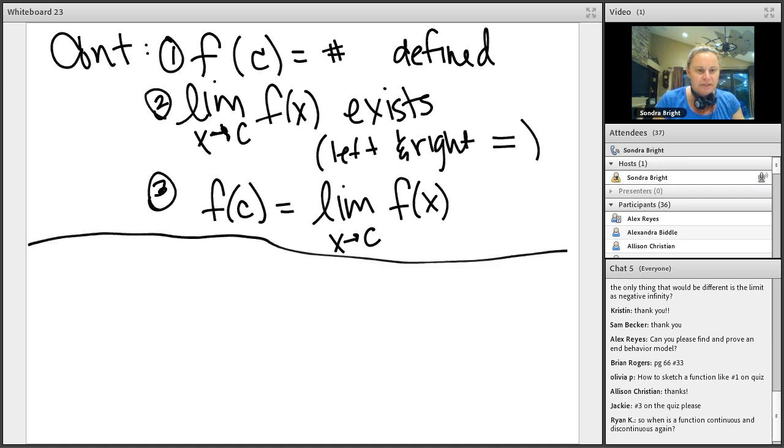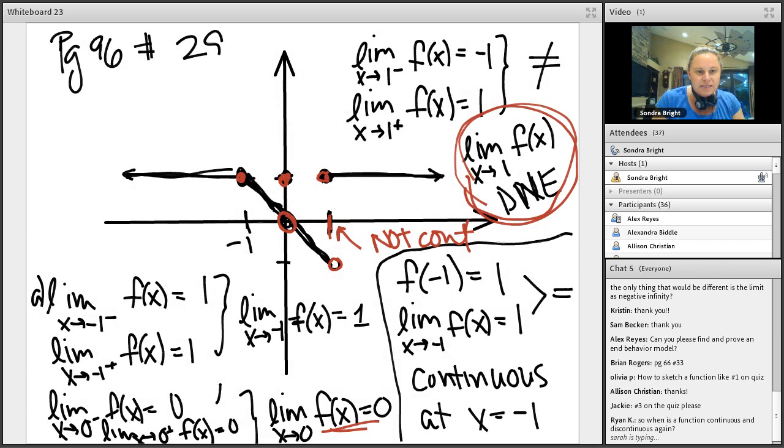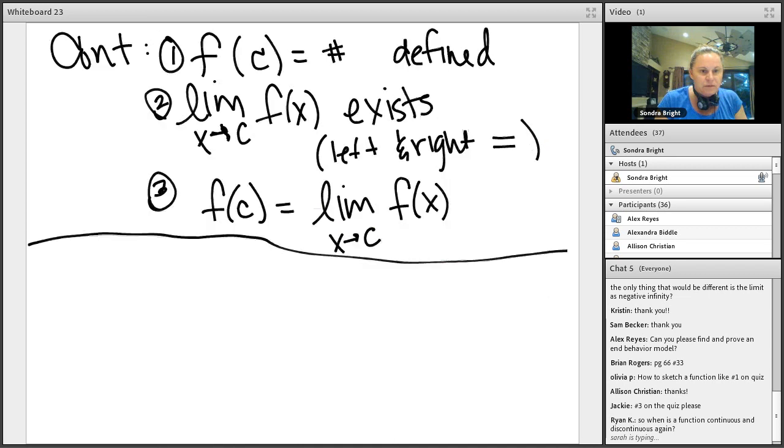We already talked about the limit, that it's continuous at -1. For 0, what happened with 0? Let me go back. The limit existed. Okay, the limit was equal to 0, but f of 0 was 1.